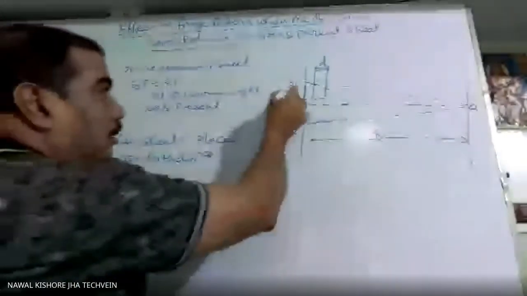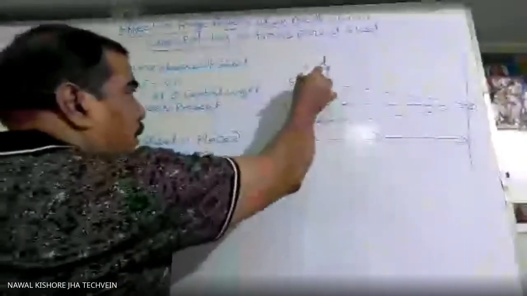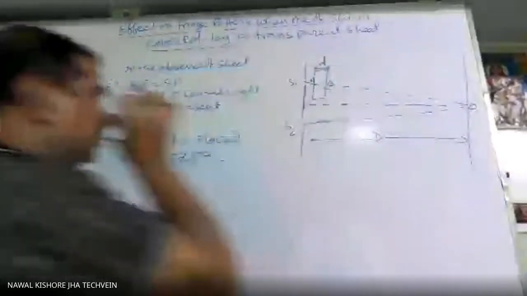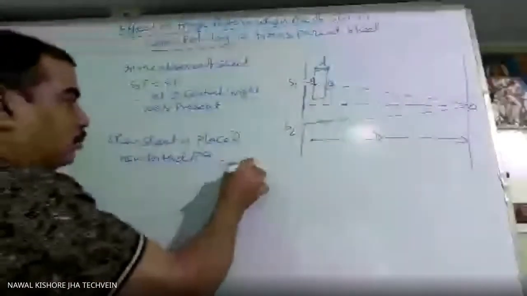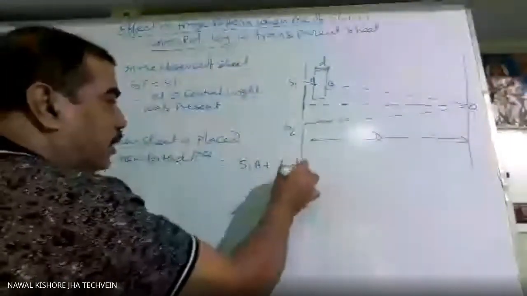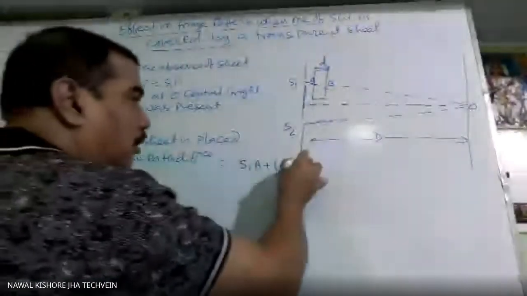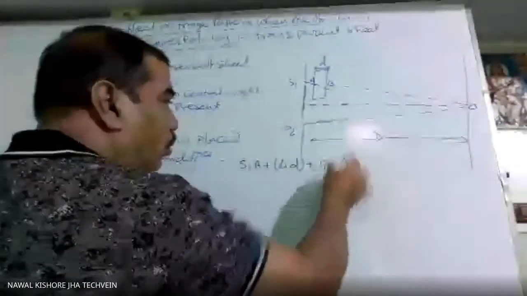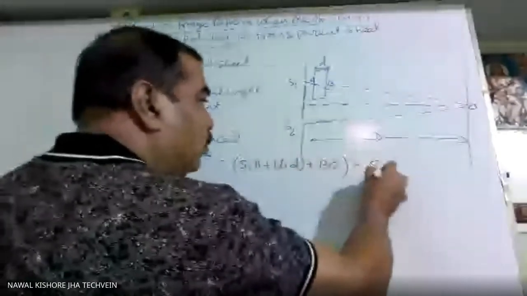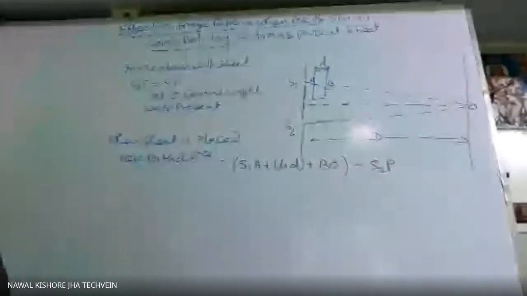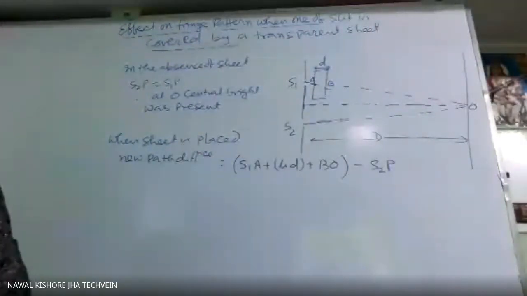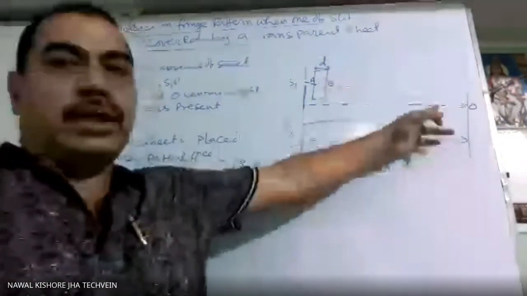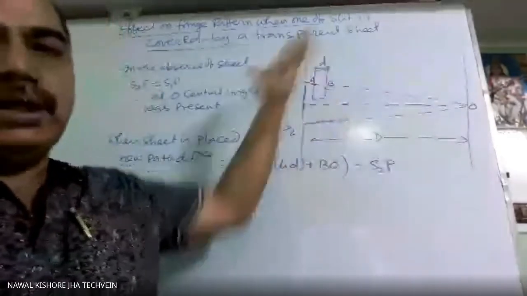Suppose this point we call A, this point we call B. So this is S1A plus mu times D. In place of AB, we write mu times D, the optical path, plus BO minus S2O. Because this part is in air, and this is also in air, what is the equivalent distance covered in air? That is the optical path.